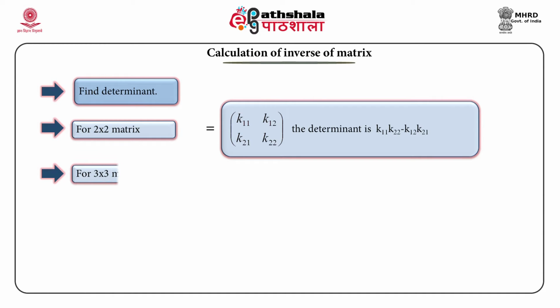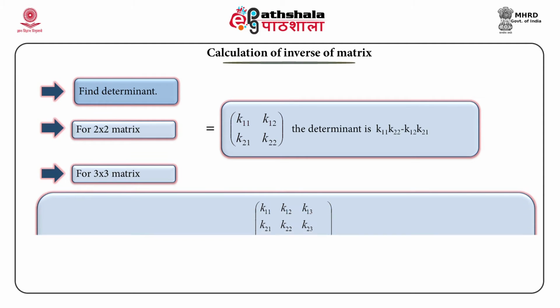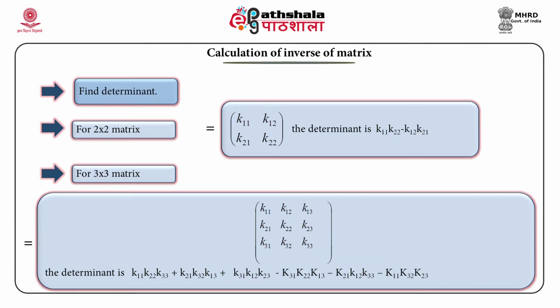For a 3 cross 3 matrix, you have to consider the matrix arranged in this way. K11, if you are considering, omit that row and column. K11 would be multiplied with diagonal elements K22, K33. The other diagonal elements are K23 and K32, and they go ahead with a negative sign.